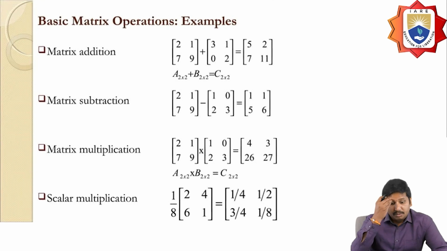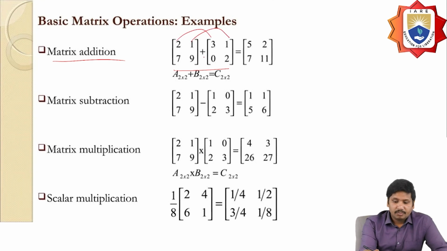See the example. Here we have matrix addition. This is the matrix we have, so simply adding the numbers: 2 plus 3, 1 plus 1, 7 plus 0, 9 plus 2. Matrix subtraction is 2 minus 1, 1 minus 0, 7 minus 2, and 9 minus 3.